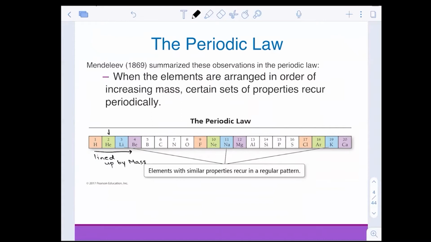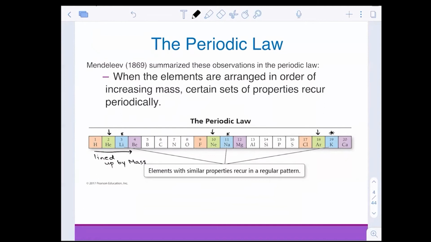Things like helium and neon and argon were what they call inert gases, things that do not like to react with other elements. Same idea with lithium, sodium, and potassium. These were metals, and they had a very violent reaction with water, so they all had to be kept under oil.